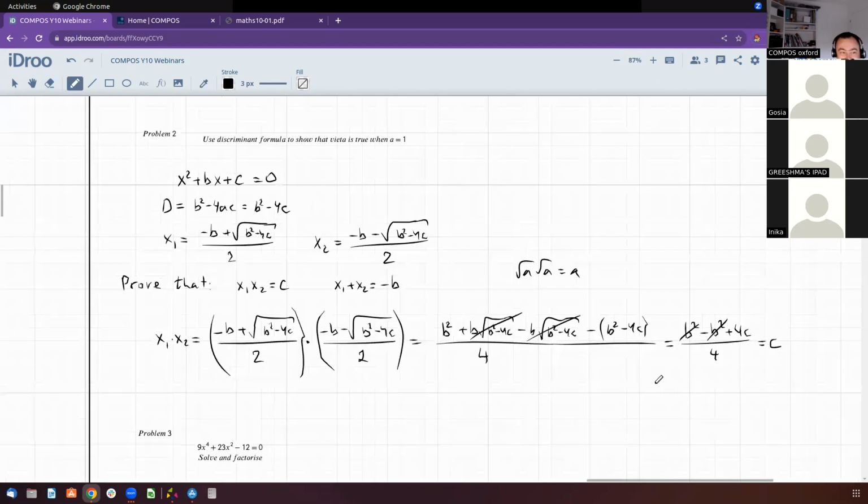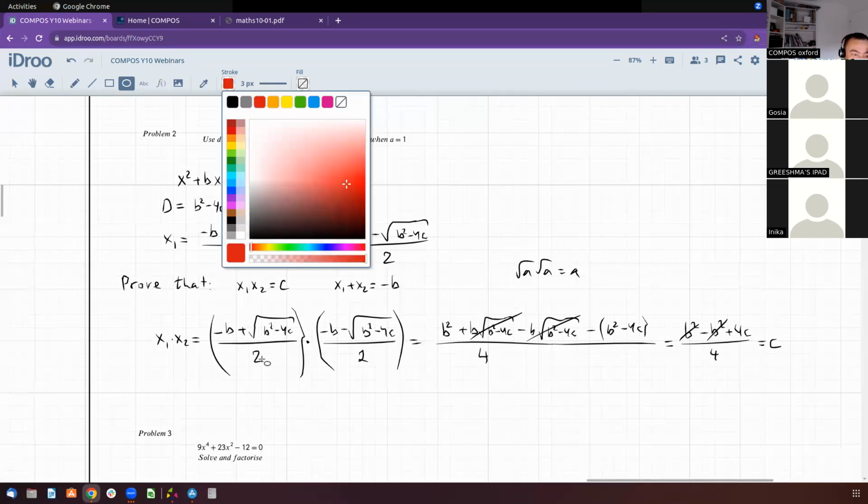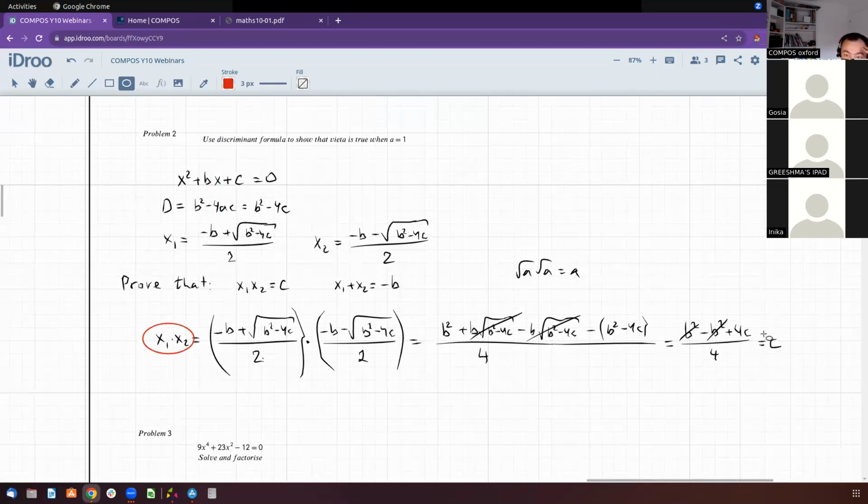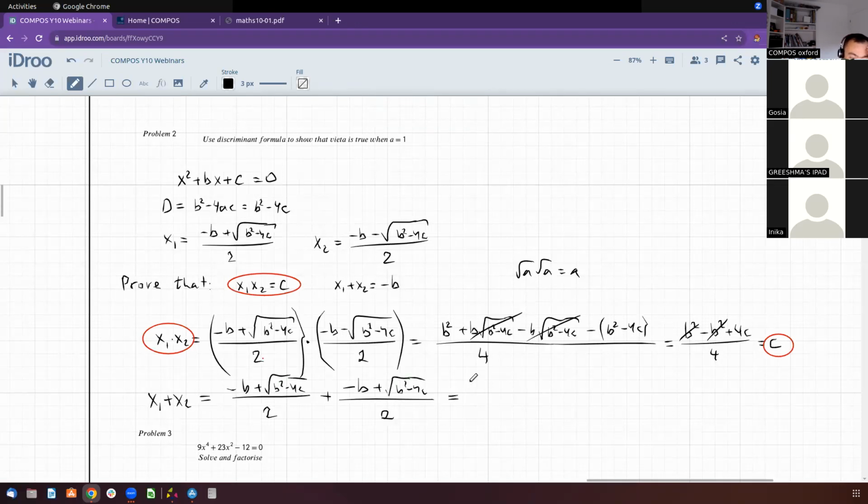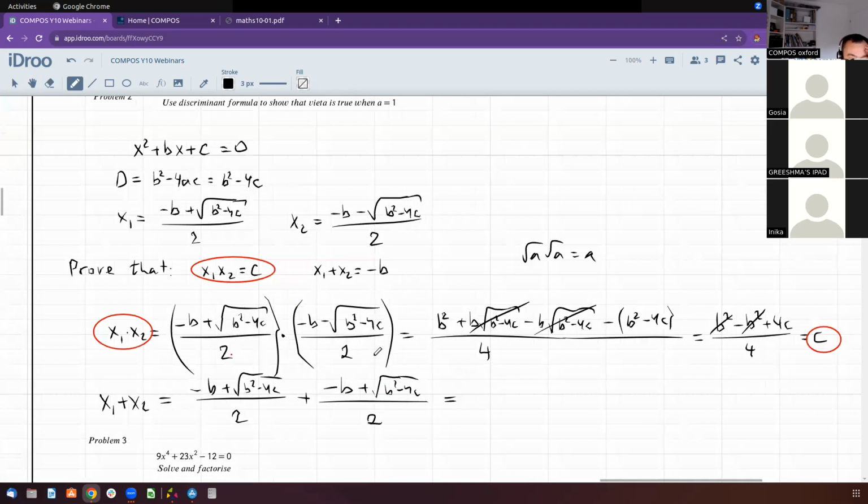Yes, I did, yeah. Thank you. So look at that: x1 times x2 is c, just as predicted by Vieta's formulae. And now let's do x1 + x2. This one is easier, actually. So it's (−b + √(b² − 4c)) divided by 2 plus (−b − √(b² − 4c)) divided by 2.